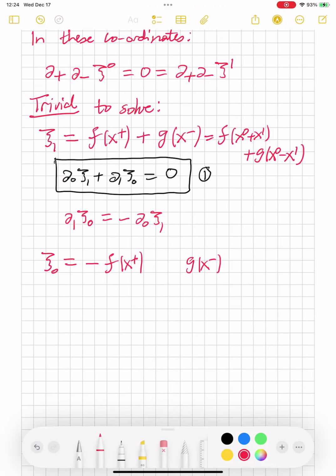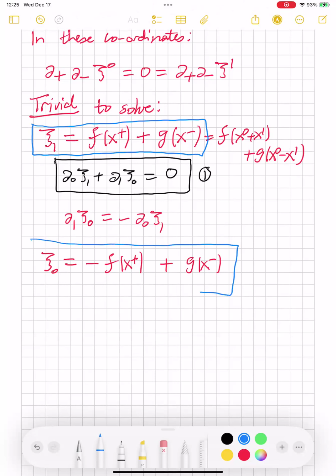But for g, the time and space derivatives of g have a different sign because it depends only on x minus. So here we must have a plus. So zeta naught depends on the same two functions, f and g, just with an opposite sign. So let's maybe box these last two equations. These are the conformal Killing vectors.